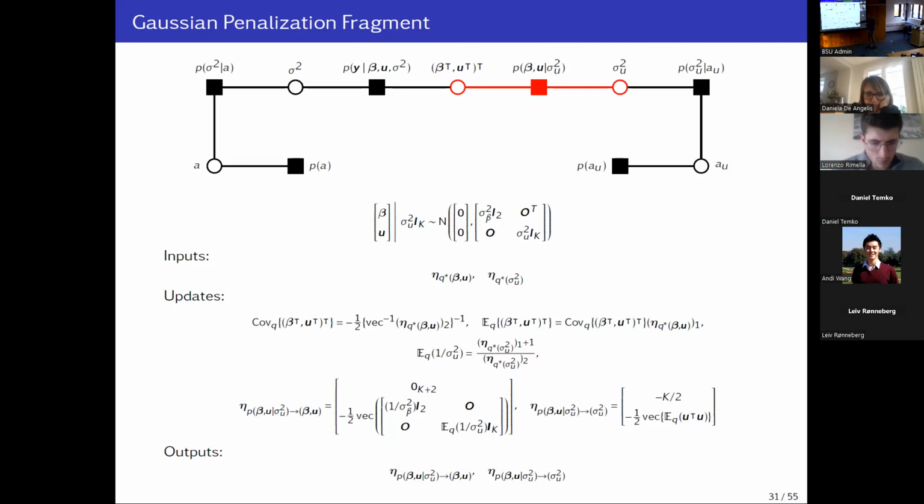Yes, because you use your natural parameter vectors to determine these covariance matrices, these expectations. Once you've worked those out, you plug this in here. So these expectations are first determined, and then you can define your natural parameter vectors.